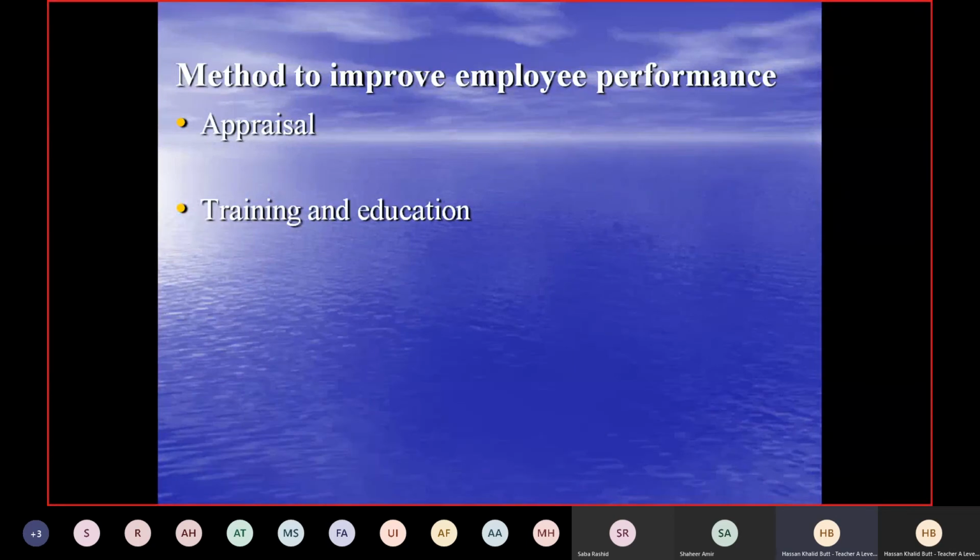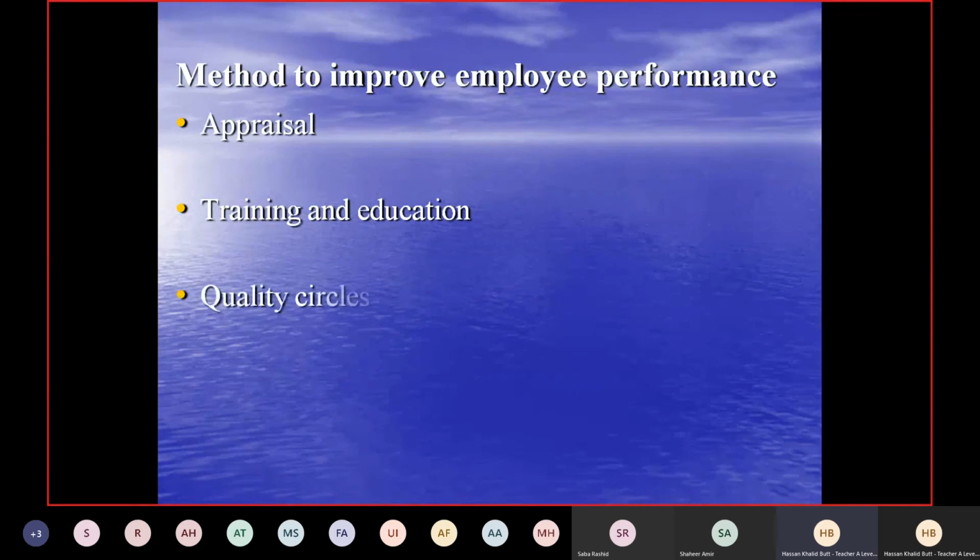If the employee is demotivated, training and education may not work. Remember, it's actually the reason for which training and education is given. If the employee wants to work, is loyal, is putting in all the effort, but because of lack of skill or lack of training is not able to perform to the level required by the organization, then obviously training and education will definitely work.